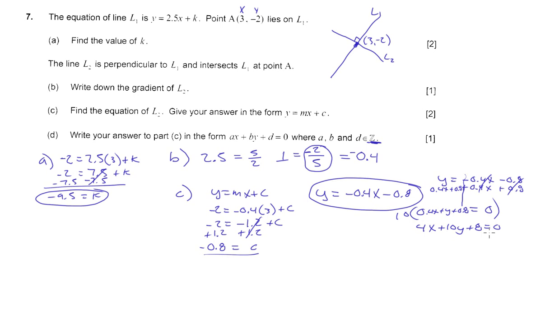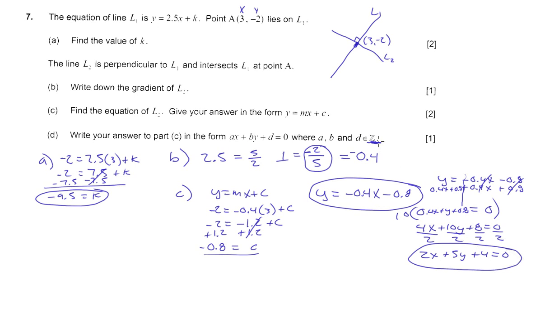Okay, not 100% sure if this is going to work or not, because look, all of these have a factor of 2. Let's factor a 2 out of everything. Divide everything by 2, and that'll give us 2x plus 5y plus 4 equals 0. That should work for sure.